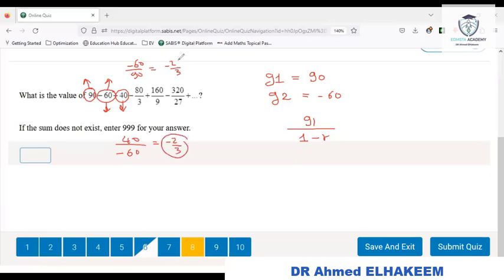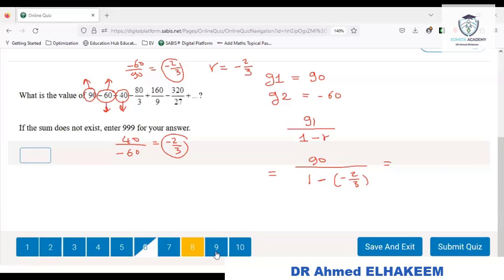So negative 2 over 3 is my ratio R. So this will be G1, which is 90, over 1 minus R, which is negative 2 over 3. This will give me the answer. Okay, I'm doing it. 54. Exactly.